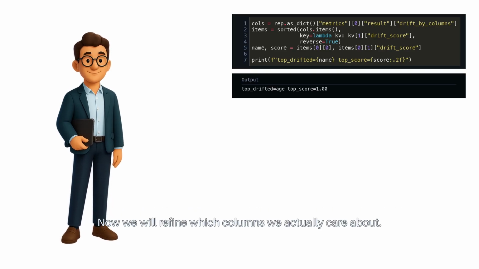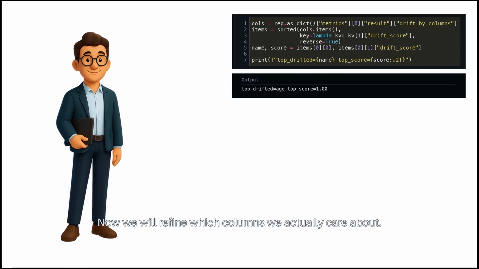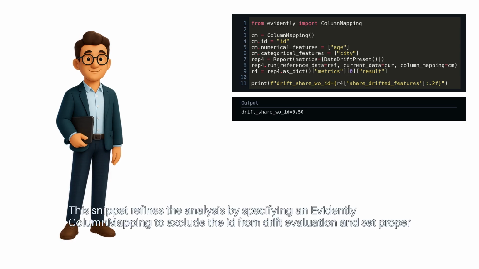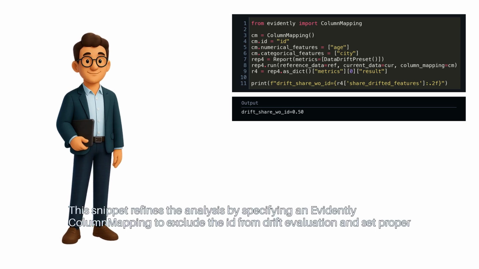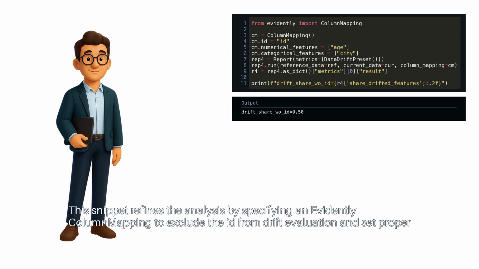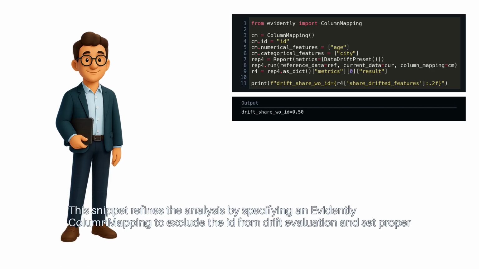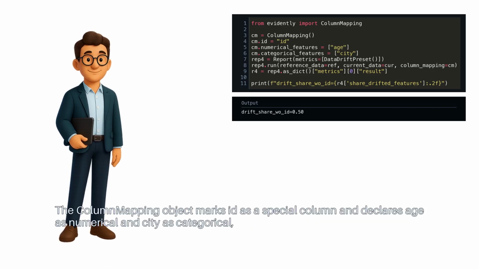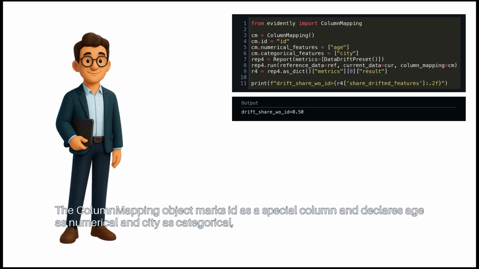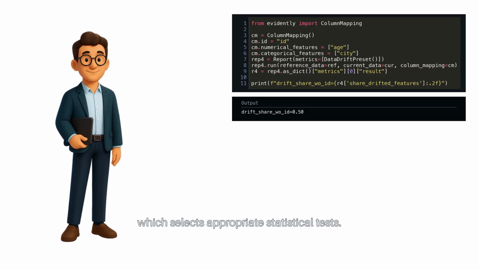Now, we will refine which columns we actually care about. This snippet refines the analysis by specifying an Evidently column mapping to exclude the ID from drift evaluation and set proper feature types. The ColumnMapping object marks ID as a special column and declares age as numerical and city as categorical, which selects appropriate statistical tests.